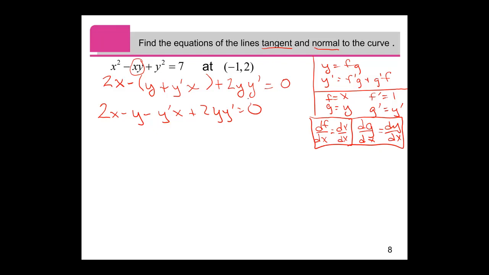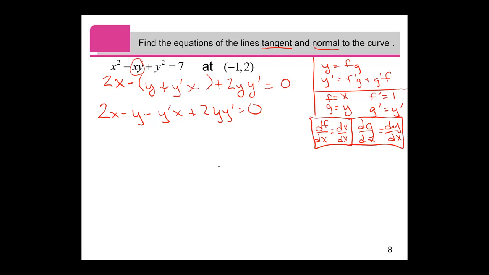What are we trying to solve for? Is it x? No, we took the derivative because we're trying to solve for y prime. The derivative of this function is y prime, dy dx.